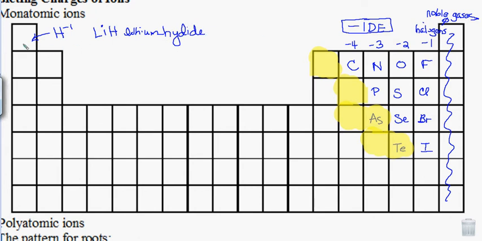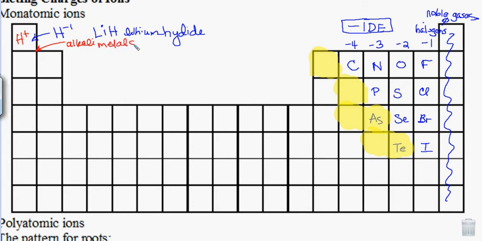So now let's look at the positive ions. Usually, hydrogen is going to act as if it's metallic, even though, again, it's a nonmetal, and it has a +1. With the +1 charge, you will name it hydrogen. Below that are your alkali metals, and your alkali metals are your group 1 metals.